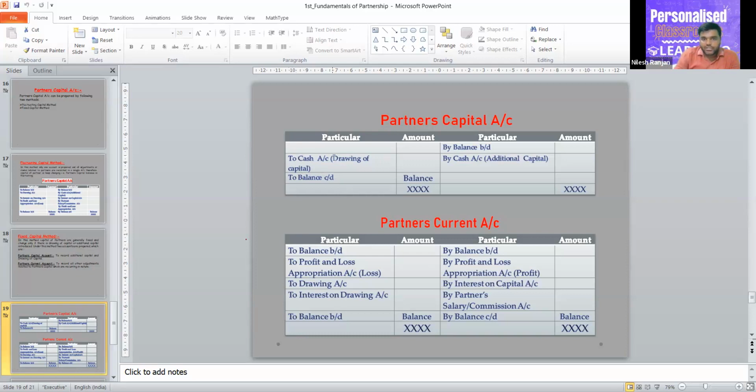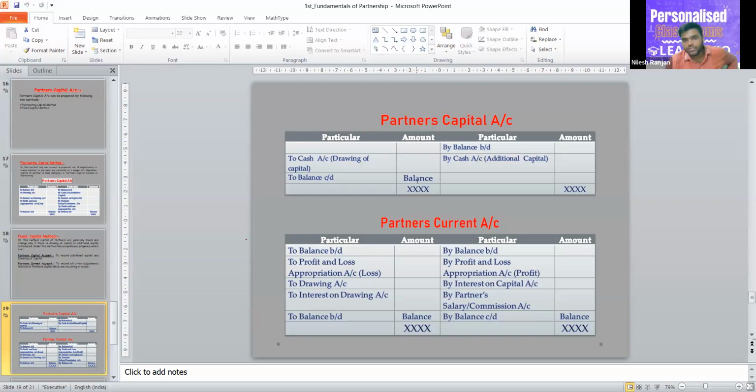If the question gives you drawing of capital, then write drawing of capital. But drawing of profit will be written as simple drawing. Now, by balance b/d, additional capital will be on the credit side and drawing of capital on the debit side.